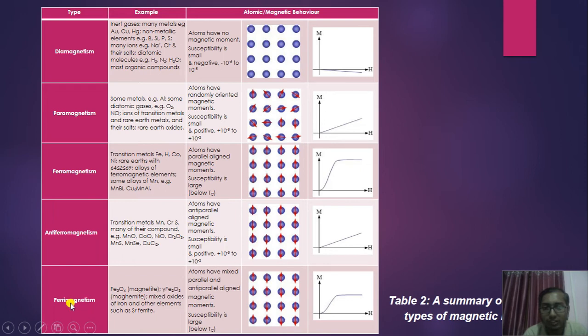And the last type is ferrimagnetism, which is observed in ferrites. Atoms have mixed parallel and anti-parallel alignment, so this is a mixture of ferromagnetism and antiferromagnetism. This is called ferrimagnetism. So these are the 5 classes of magnetic materials, and we have seen the magnetic behavior of each classification.